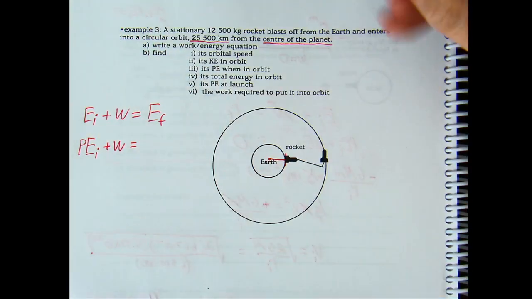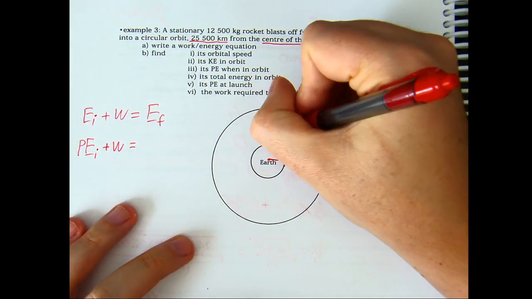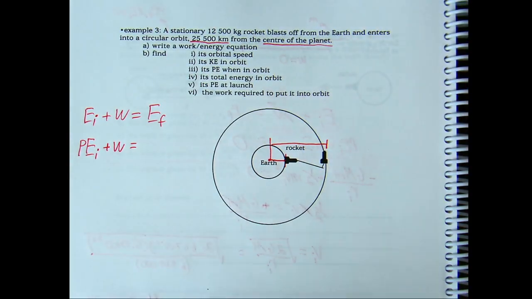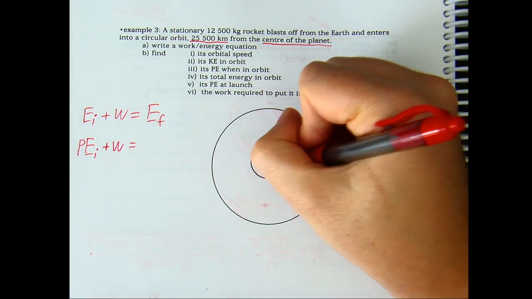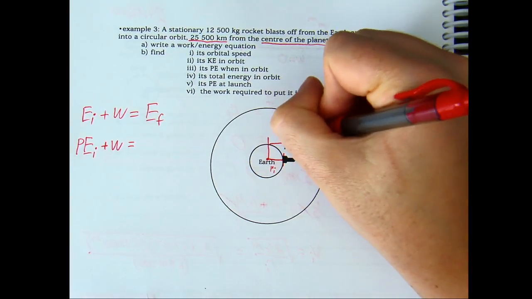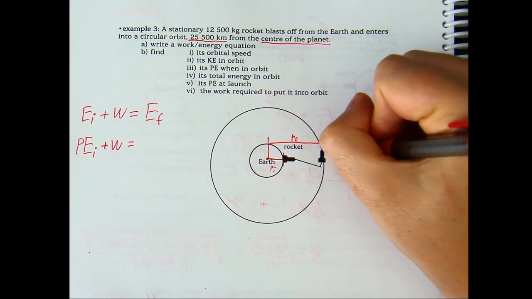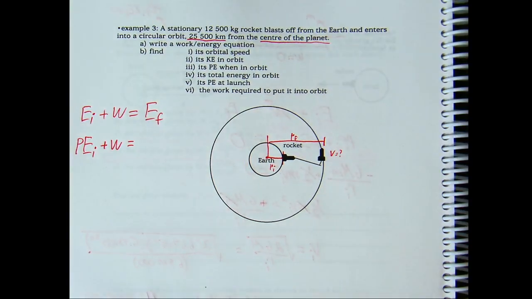And then at the end of this thing, for it to be in orbit, it has to be some additional distance from the center of the planet. We've got our initial and we've got our final. And orbit implies that this thing's moving. It has some velocity here.